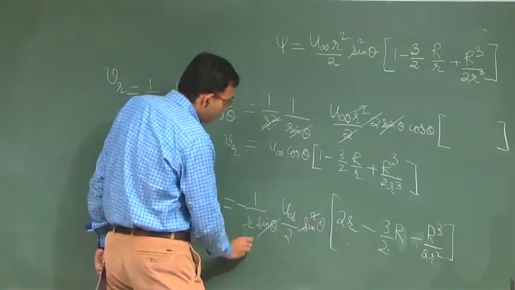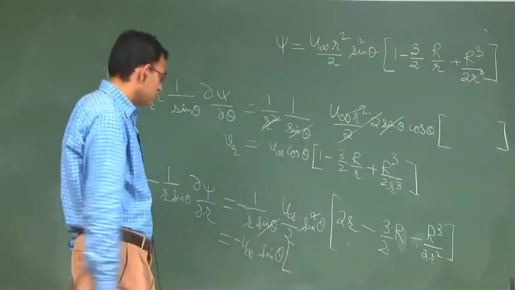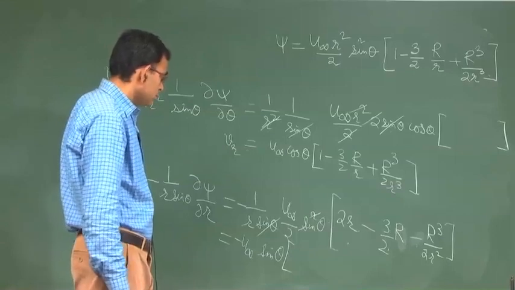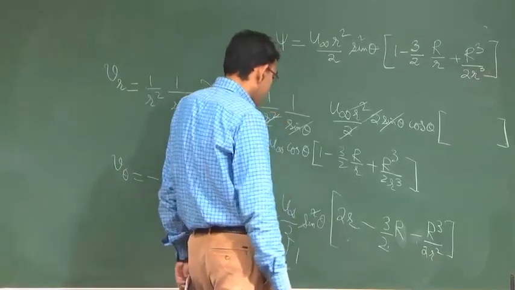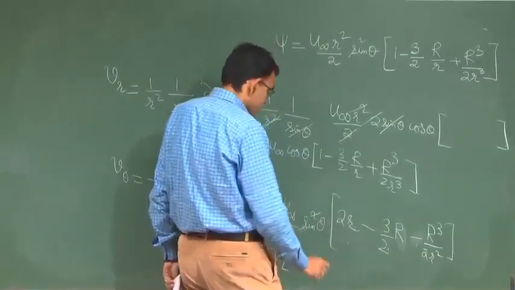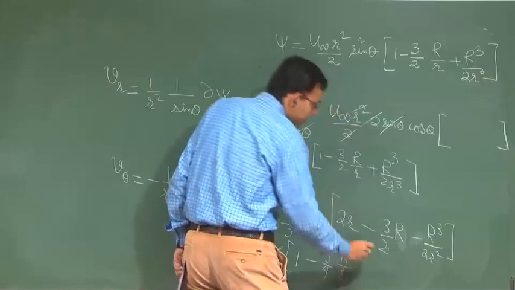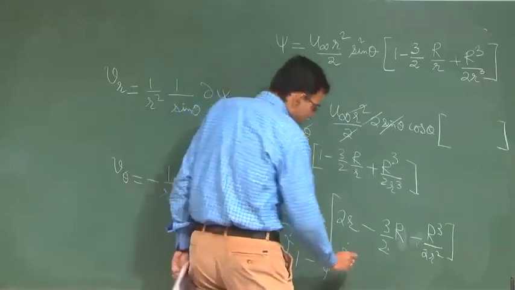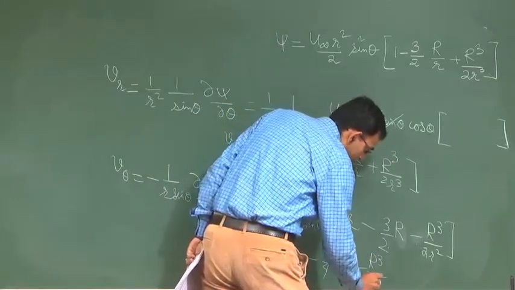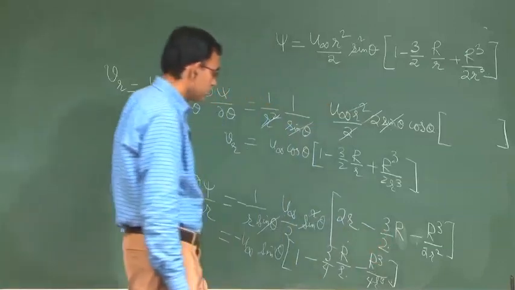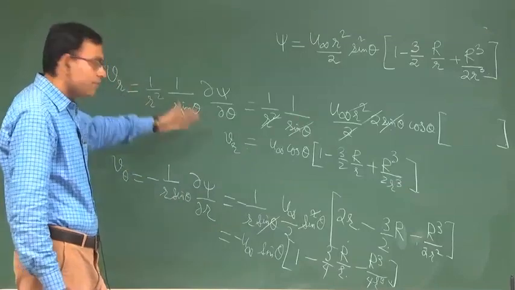So minus u infinity sin theta, you can take these 2 r inside, 1 minus 3 by 4 capital R by small r, minus r cube by 4 r cube. Okay. So, very nice expressions for Vr and V theta.